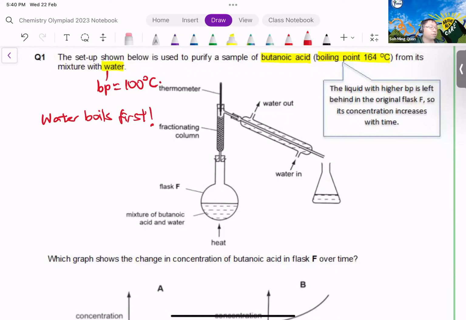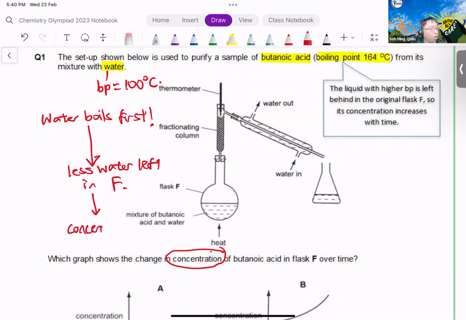Now they want you to say which graph shows the change in concentration of butanoic acid. Concentrated versus dilute. So think, if water boils first, that means there's less water left in the flask because the water is boiled off. If there's less water left, it becomes more concentrated.